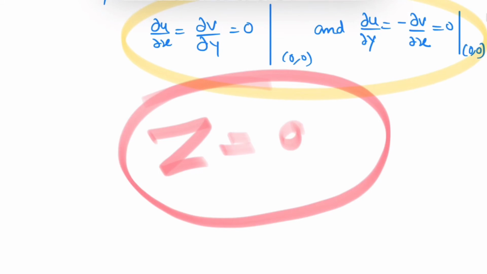Why so? Because f of z is differentiable at z equals to 0 only. That means there exists no neighborhood of z equal to 0 in which f of z is differentiable. So from definition of analytic function we can conclude that f of z is not analytic at point z equals to 0.